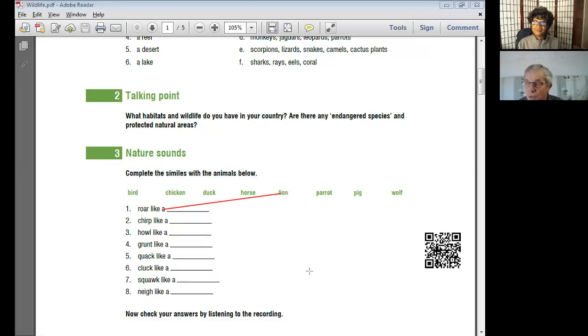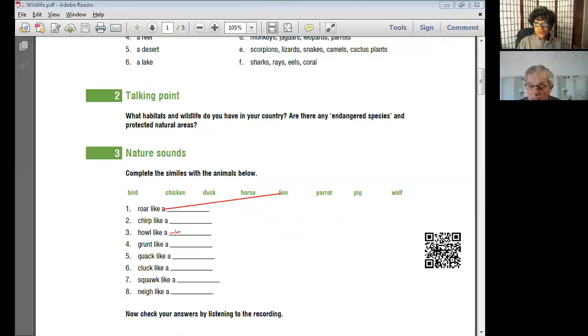I tried to do this exercise, but it was really difficult. I only find roar like a lion, howl like a wolf, grunt like a pig. Oh wait, your control isn't working. Let me check to see why it is not working for you.